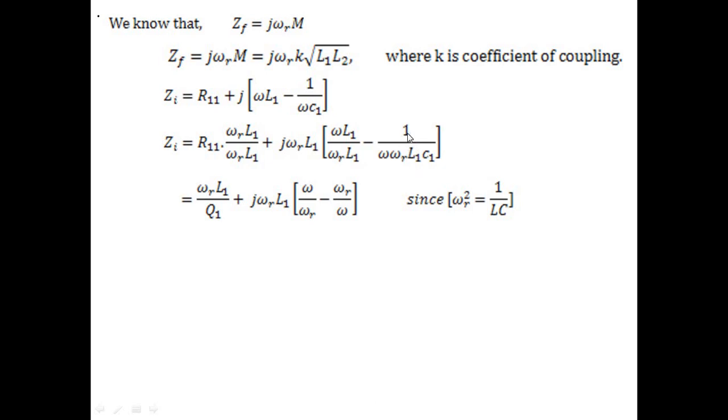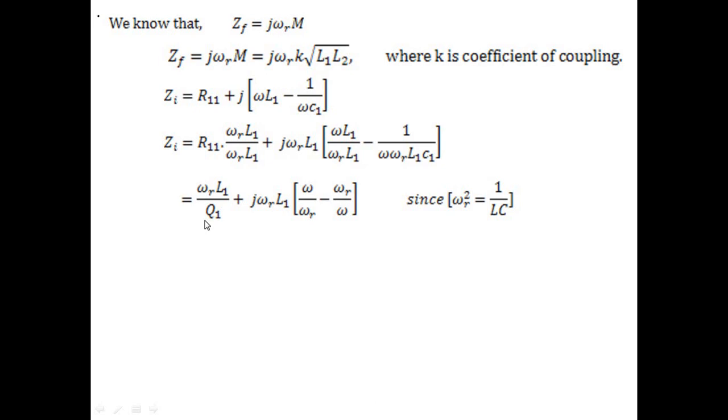In the numerator you will get omega R square. Omega R and omega R square get cancelled. Finally we will get omega by omega R minus omega R by omega. This is the formula, R11 divided by omega R L1, which is equal to 1 by Q1.